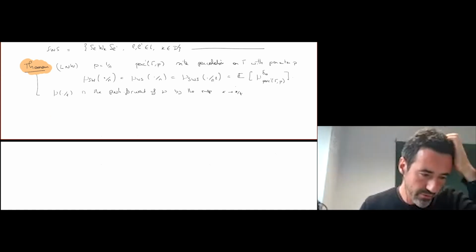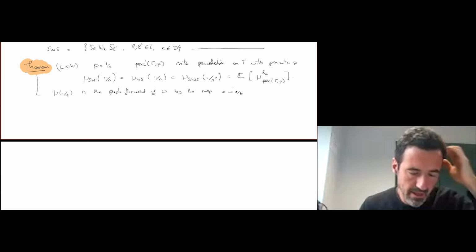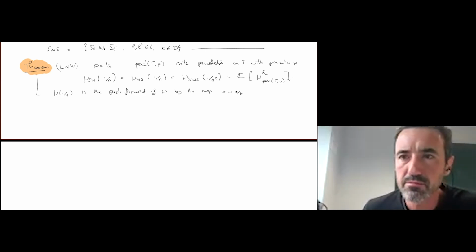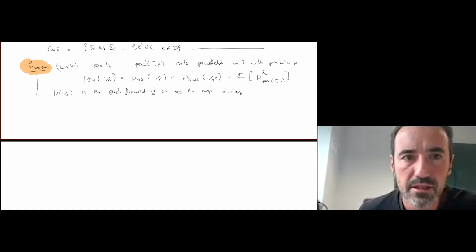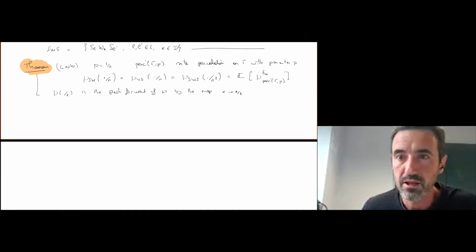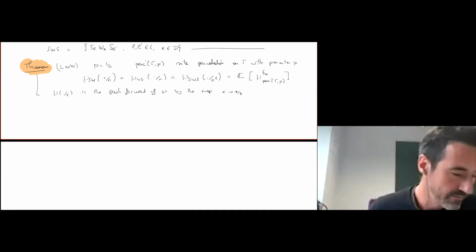I will give a proof of this theorem, and then I will say why it was important to prove counterexamples of various conjectures on the regularity of spectral measures.